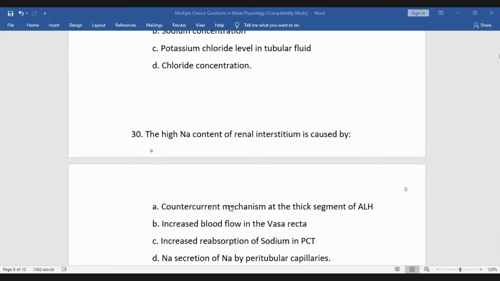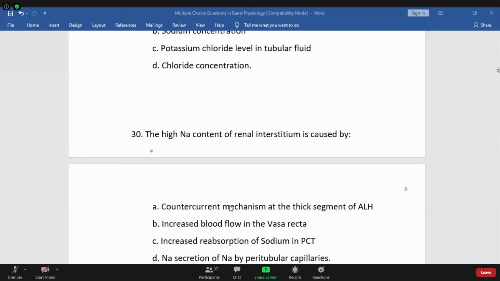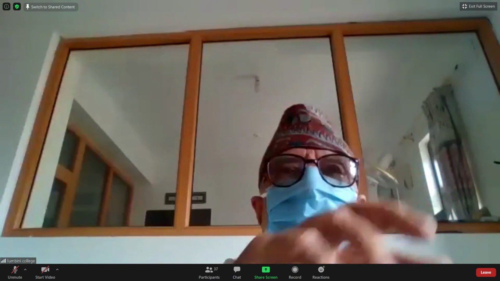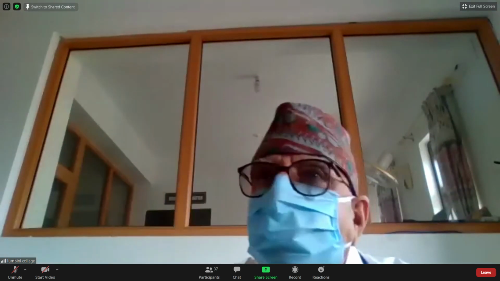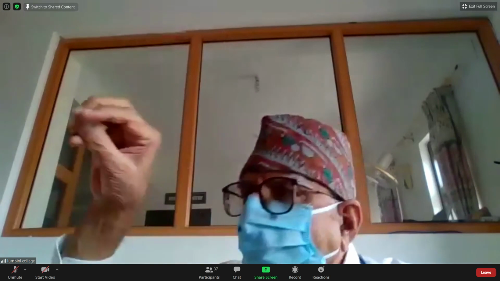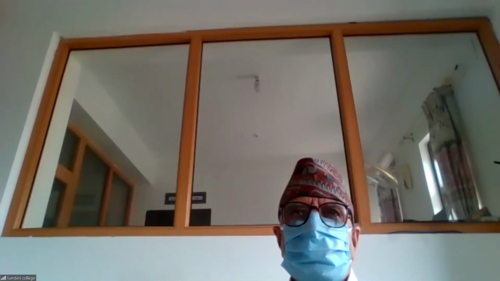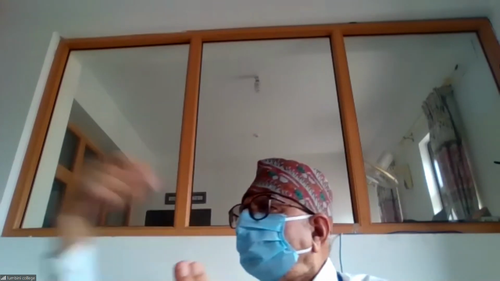Out of that 30%, 20% is reabsorbed here in the thick segment of the ascending limb of the loop of Henle by the co-transporters, active transporters. That makes the tubular fluid diluted, not the interstitium. That substance is put in the interstitium. The thick segment cells absorb sodium, and from the basal region they put it in the interstitium. So high sodium content in the renal interstitium is caused by the countercurrent mechanism.